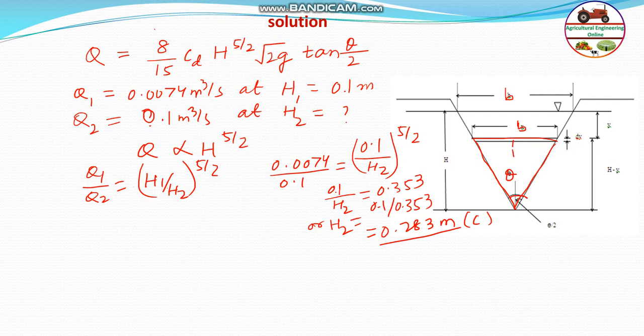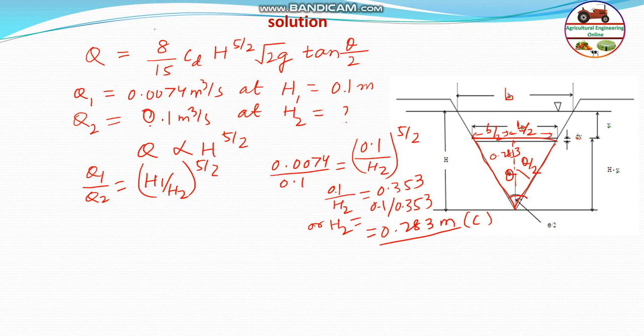If you divide it, this is theta by 2, this is b by 2 and this is also b by 2, and h is given, so h is 0.283.